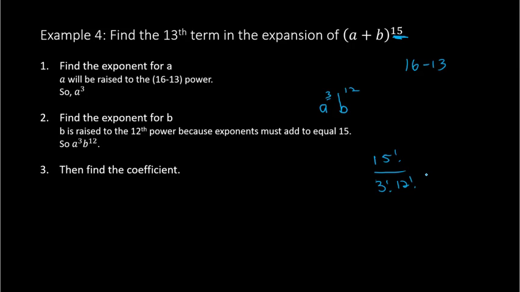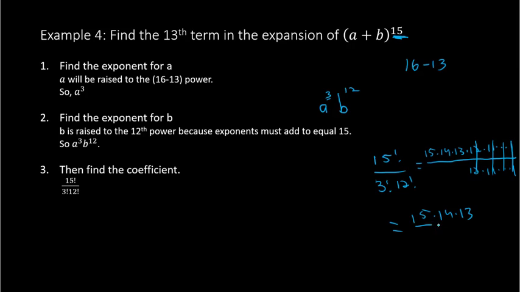And now from here, we just need to simplify. So if you simplify, realize that we have 15, 14, 13, 12, 11, all the way down to 1. 12 factorial is 12, 11, all the way down to 1. So the 12, 11, 10, 9, 8, etc., all the way to 1 will cancel out, and you're left with 15 times 14 times 13 on the top.